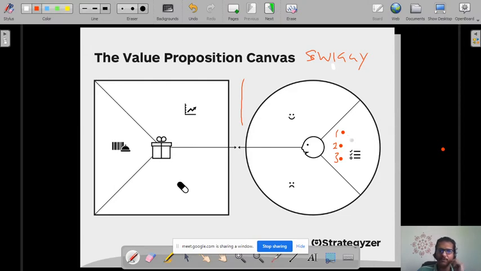Door delivery of food, okay, I'll just write it here. Door delivery. Then offers. Save time.